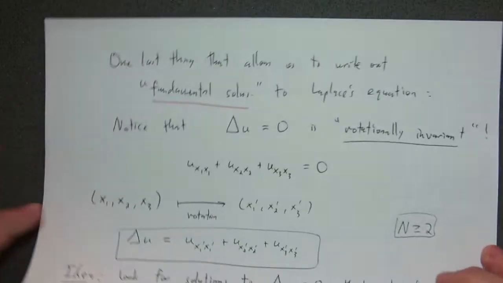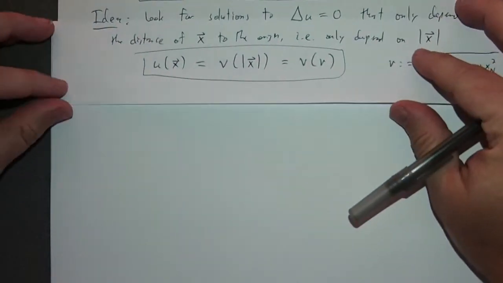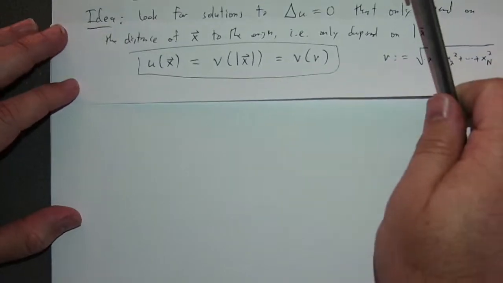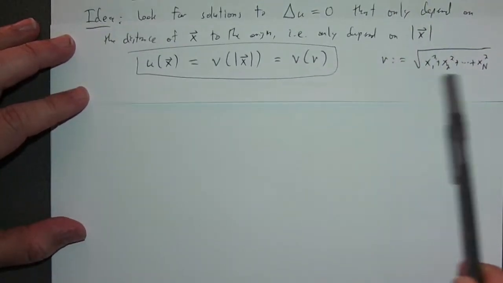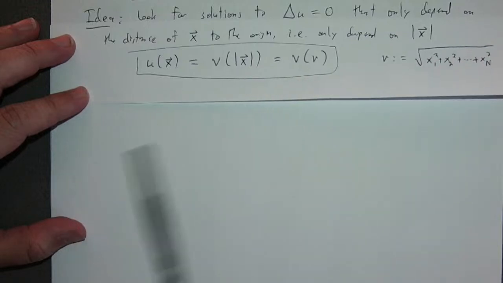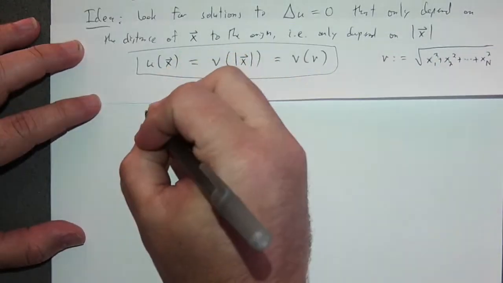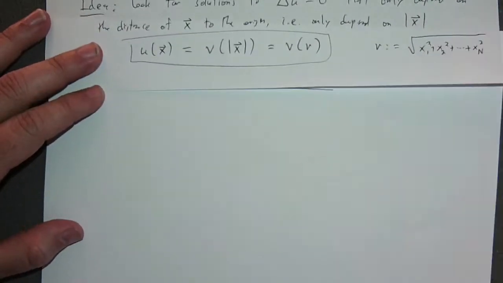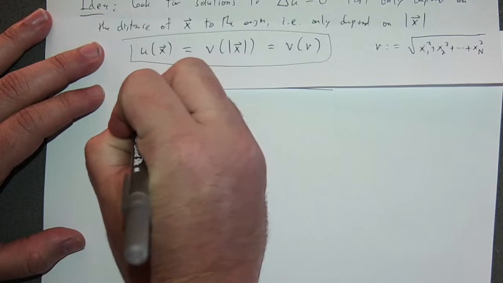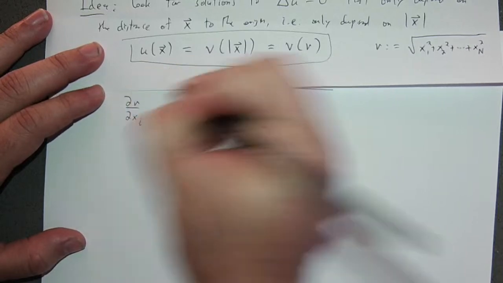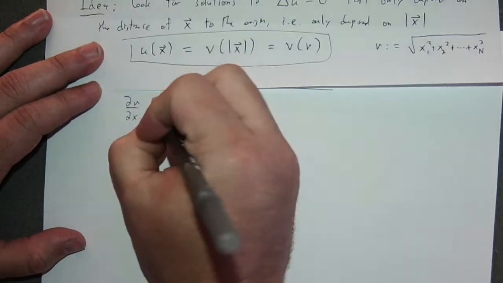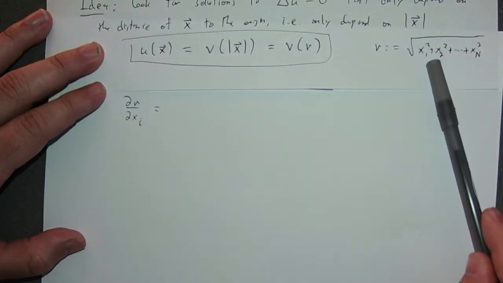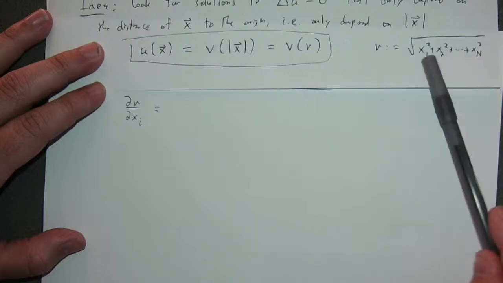First of all, let's quickly compute the partial of this new expression r with respect to each of the variables x sub i. What is the partial of r with respect to an individual x sub i? Well, r is the square root of the sum from x1 squared to x n squared.